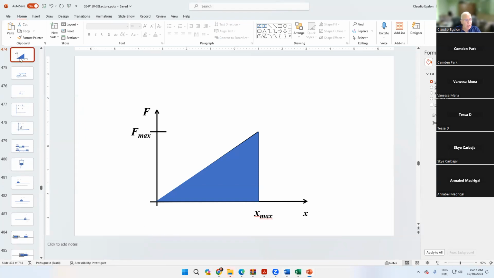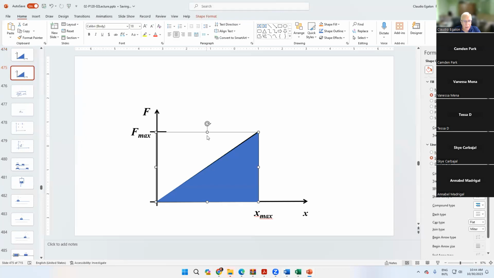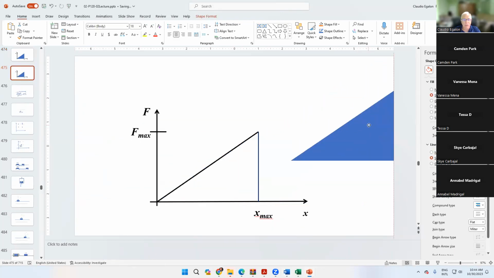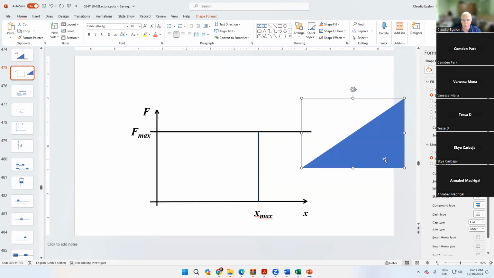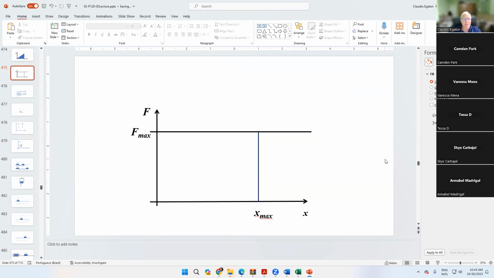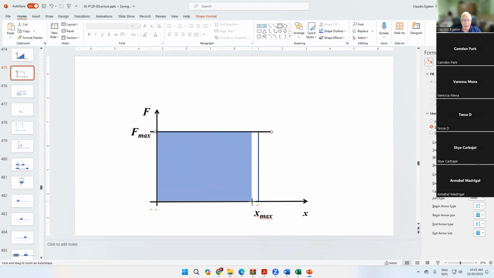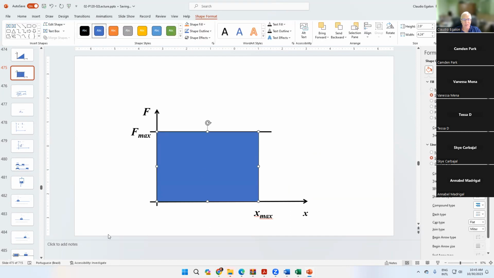Revisiting the case of a constant force, the work done by this constant force between 0 and x max is going to be nothing but the area below this curve.